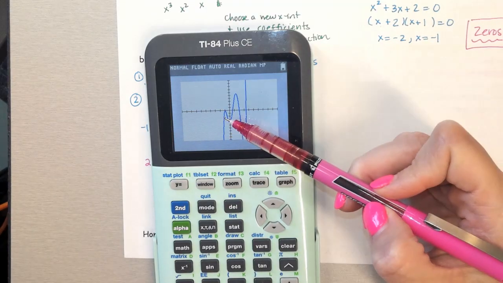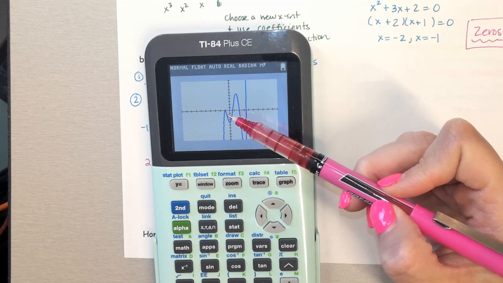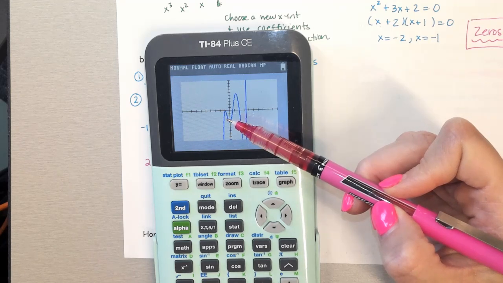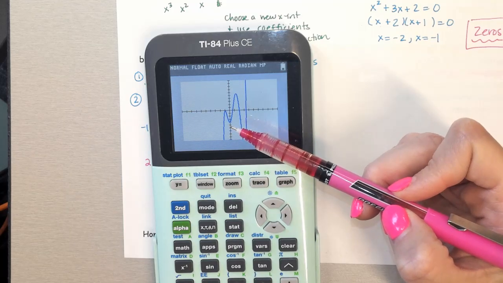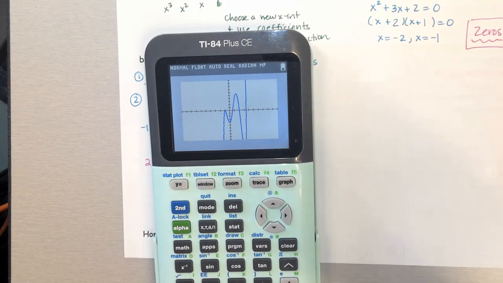Do you see this maximum value here? The maximum lays on the x-axis. When that happens, there's a multiplicity. That kind of ring a bell? The touchback, I believe is what we called it. It touches it, it doesn't go through, it comes back.